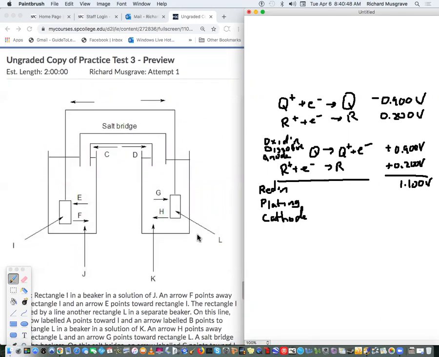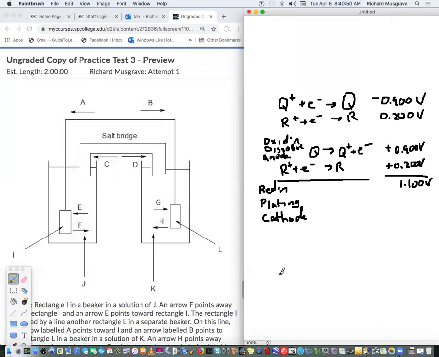So looking at the flow of electrons going from the Q side, which is over here, to the R side, we know that the answer there is going to be B. So electron flow is B. Does anybody have any questions?